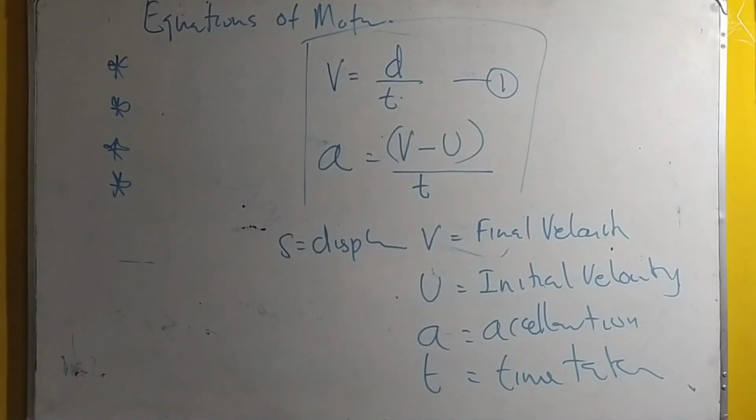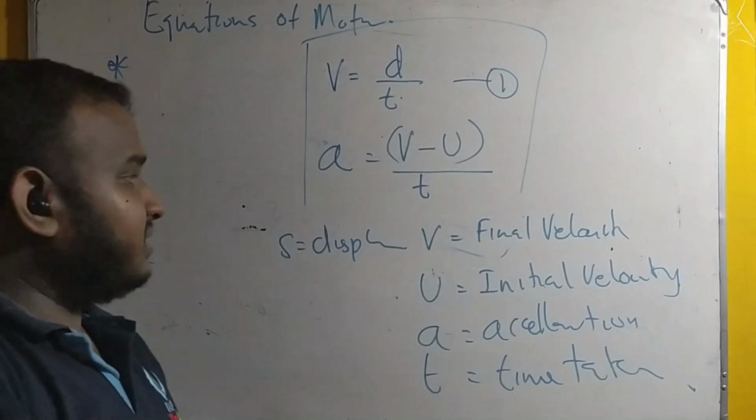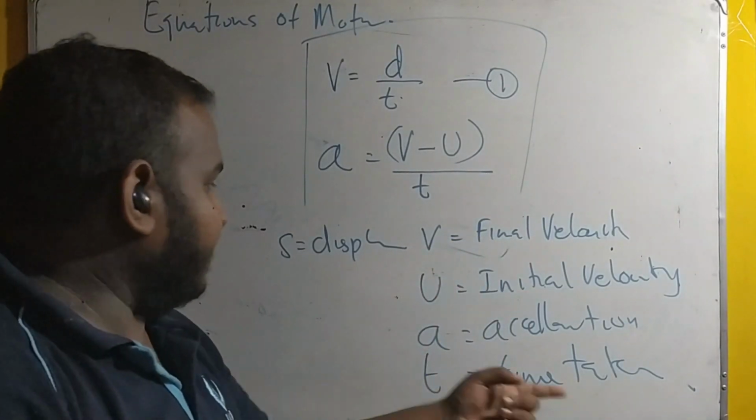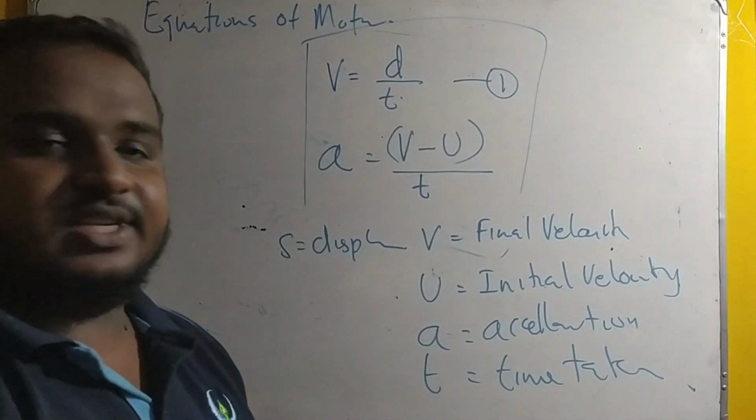So these are the abbreviations I am going to use: v is final velocity, u initial velocity, a acceleration, t time taken, and s is the displacement.